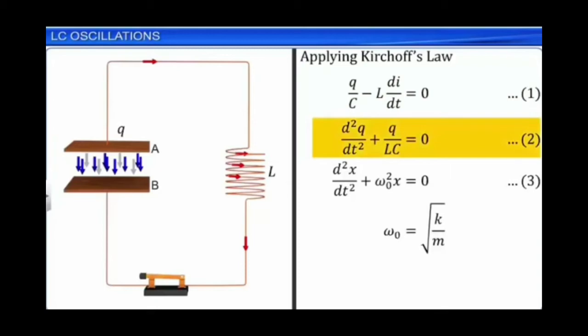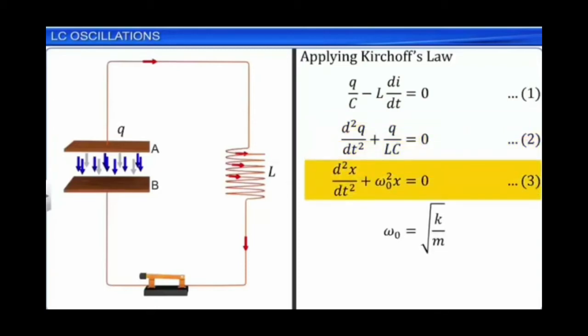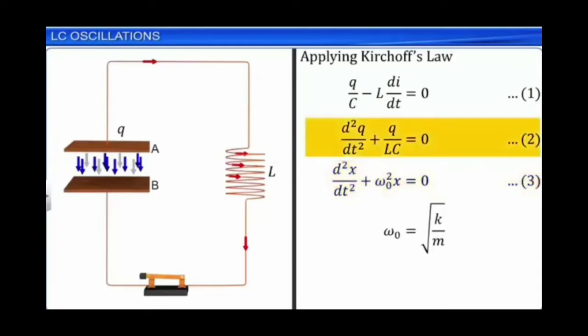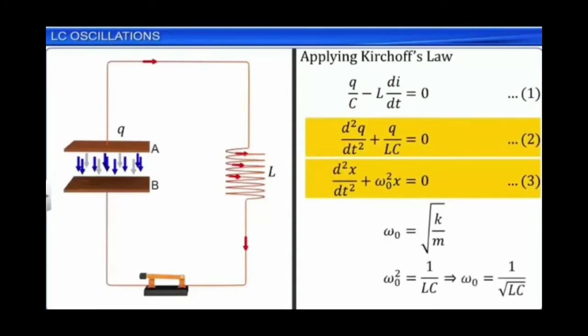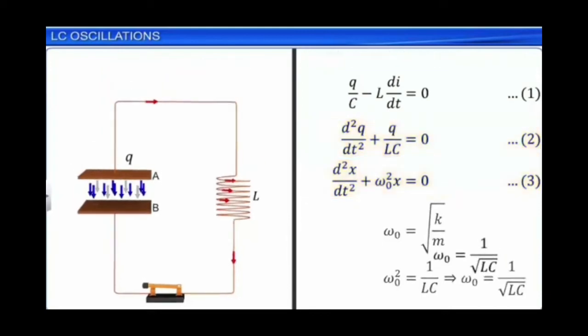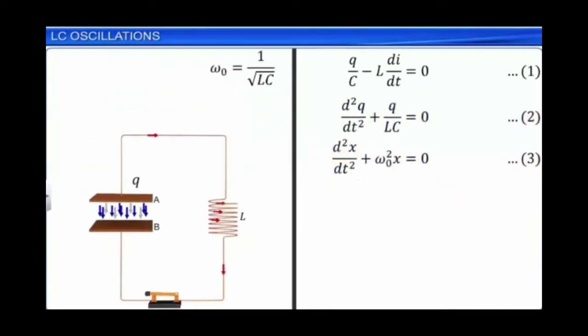Now comparing equation 2 with equation 3 term by term, we know q takes the place of x and 1 by LC takes the place of omega 0 square. So by comparison, we have omega 0 square equal to 1 by LC or omega 0 equal to 1 by root LC.